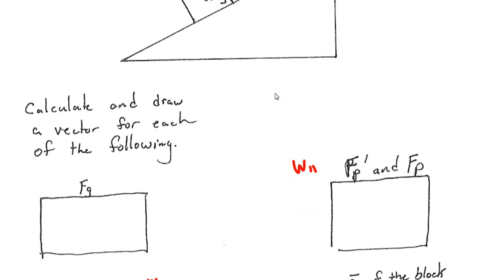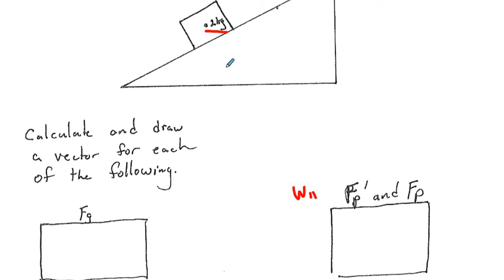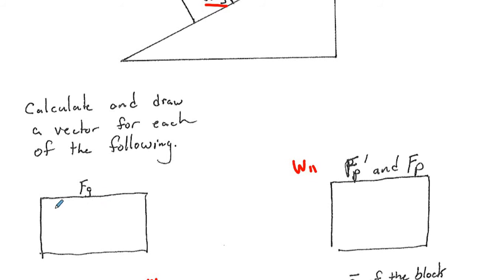The first thing is to find the force of gravity. Notice that we have a 2 kilogram block. To find the force of gravity, this is the mass times the gravitational field. So this is 2 kilograms times the Earth's gravitational field of 9.81 meters per second squared, so this is 19.6 newtons.